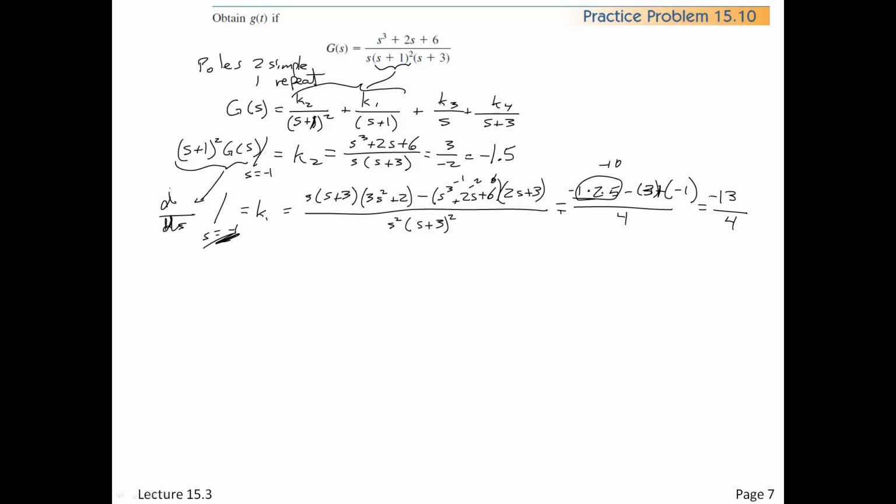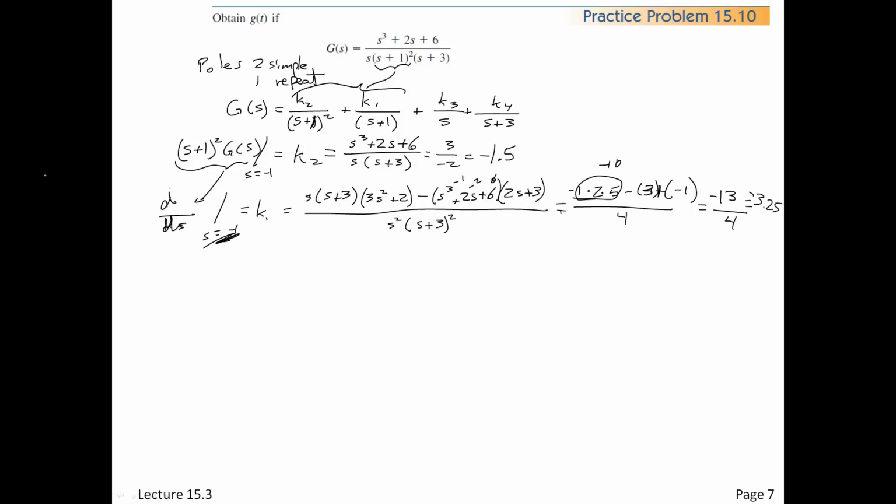Oops, don't lose the minus sign. That's k1; k2 was minus 1.5. Just in case we need to know, this is minus 3.25, in case they go that route. All right, take a deep breath. That's those. Now all we have to do is extract k3 and k4.